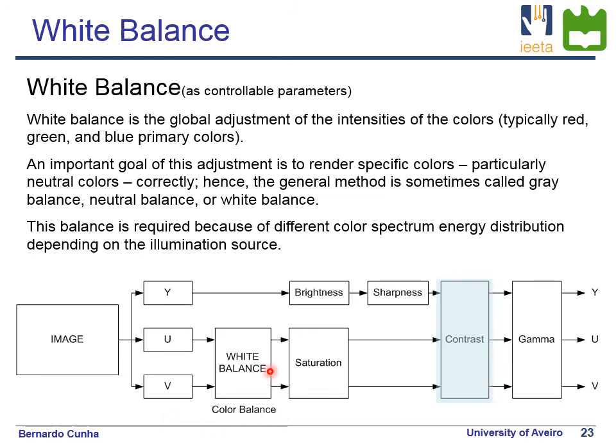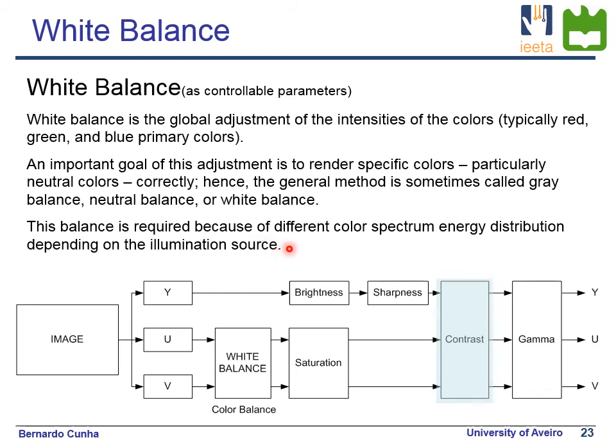We now move into this particular block here, white balance. You can see that the white balance has as inputs the chrominance components, U and V, and generates two new chrominance components. What's the idea behind the white balance? The problem is that when you are obtaining an image in a certain environment, the illumination source can vary significantly.